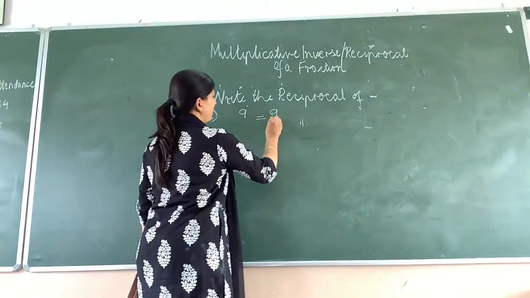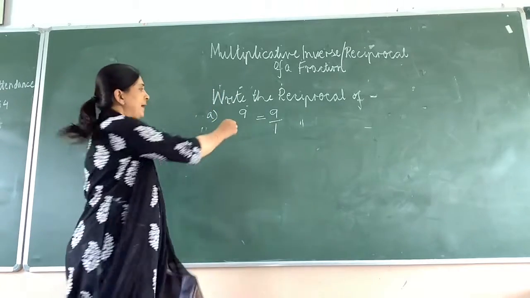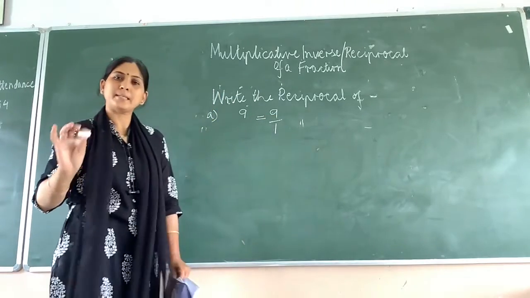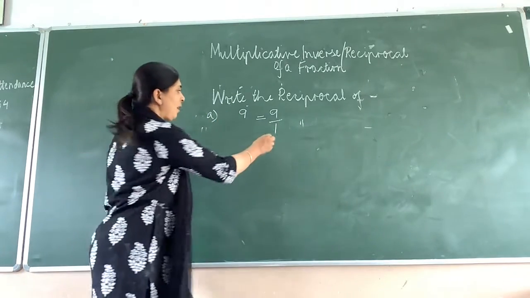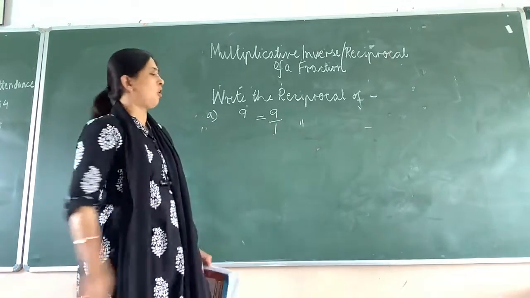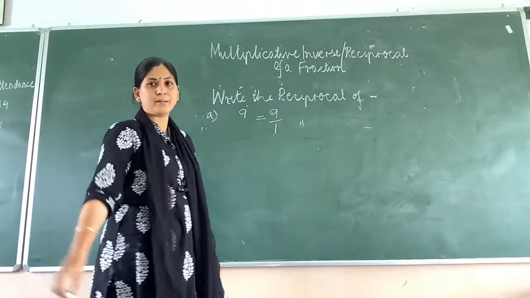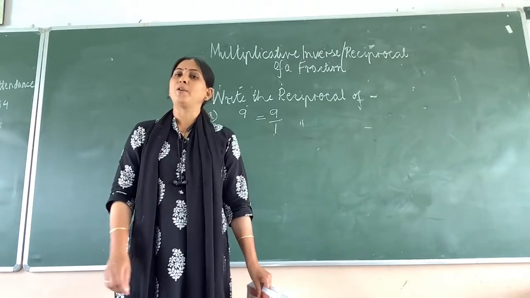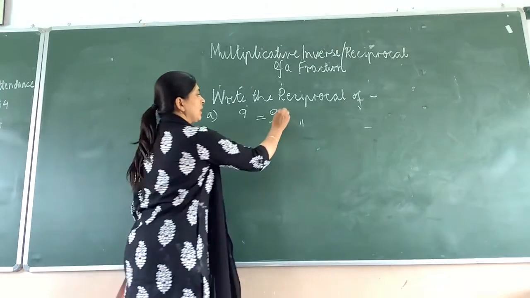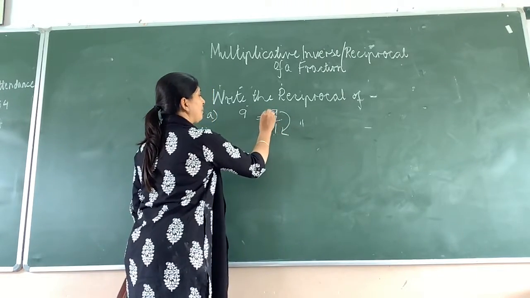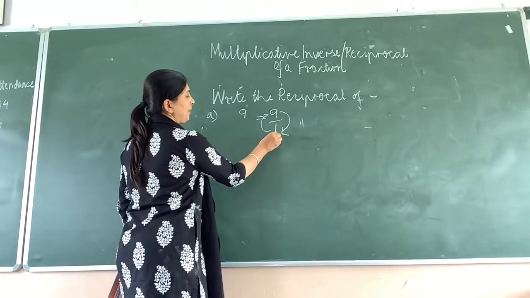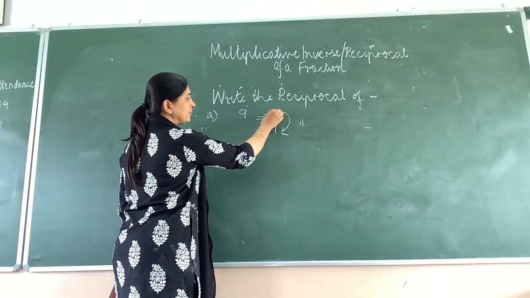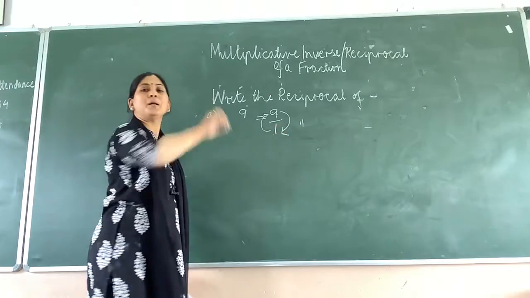9 over 1. Now 9 and 9 over 1 mean the same. One is in whole number form and this is in fractional form. Now we have to write the reciprocal of 9 over 1. To write it, numerator and denominator will switch places. Denominator will become the numerator and numerator will become the denominator.